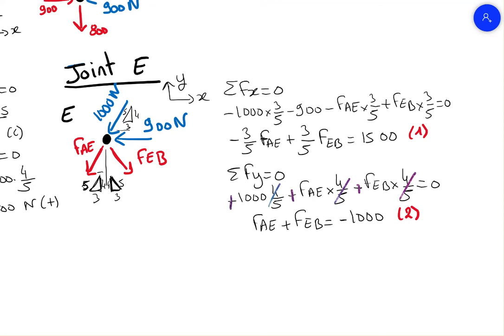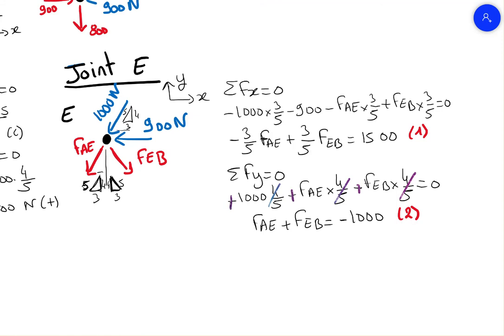And I use a matrix system. So go on your calculator, edit your matrix 2 by 2, and you will have minus 3 divided by 5, 3 divided by 5, and 1 and 1. And the second matrix, the 2 by 1, is 1500 and minus 1000.